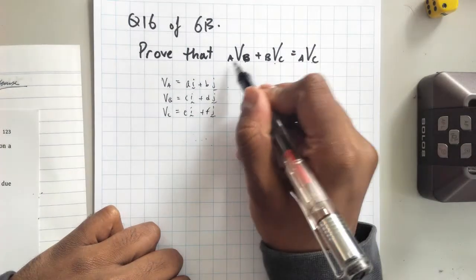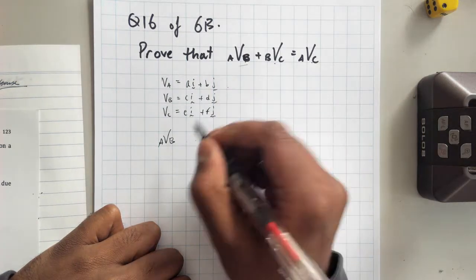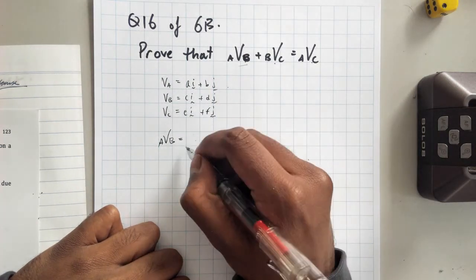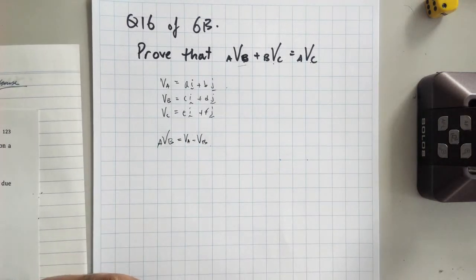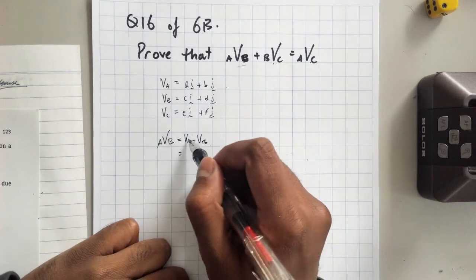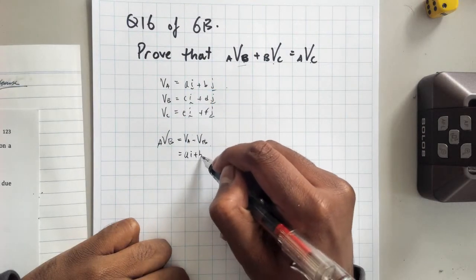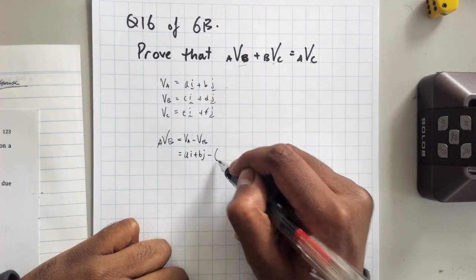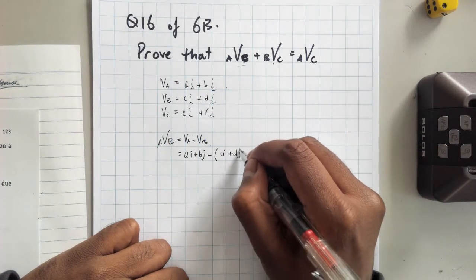So let's actually get what this is. This first term is VA take VB. Now I'm going to substitute these in with my variables. So this is AI plus BJ take CI plus DJ.